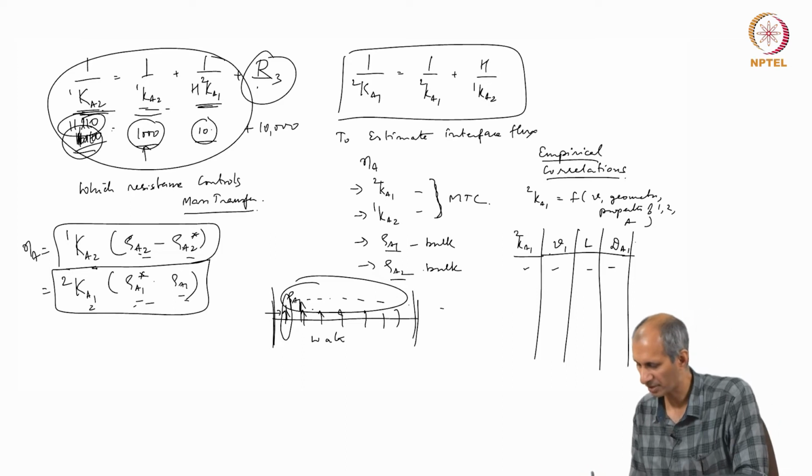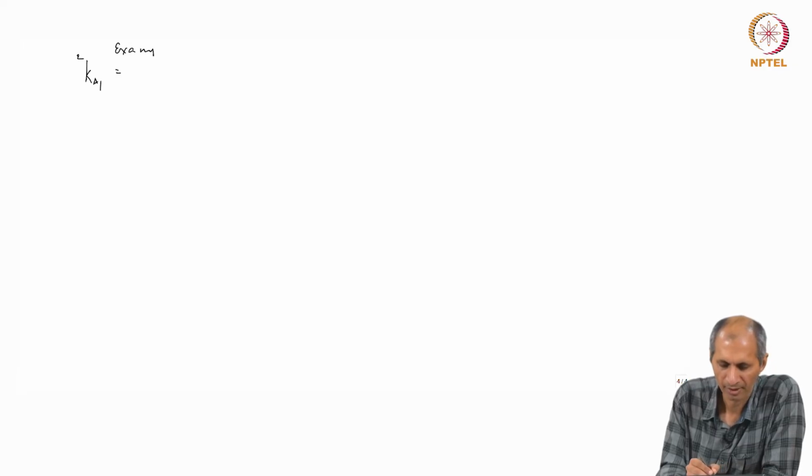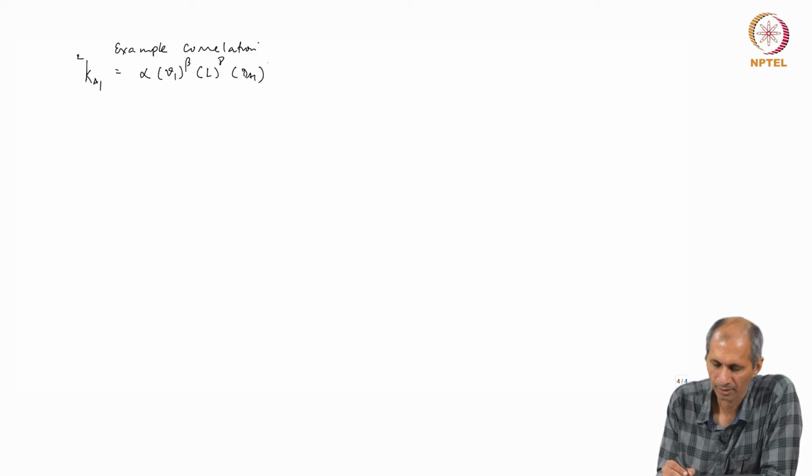So, if you combine all of this, you will get a correlation. The correlation may look like this, for example: K1 equals alpha into V1 raised to beta, into L raised to gamma, into dA1 raised to delta. This is an example.